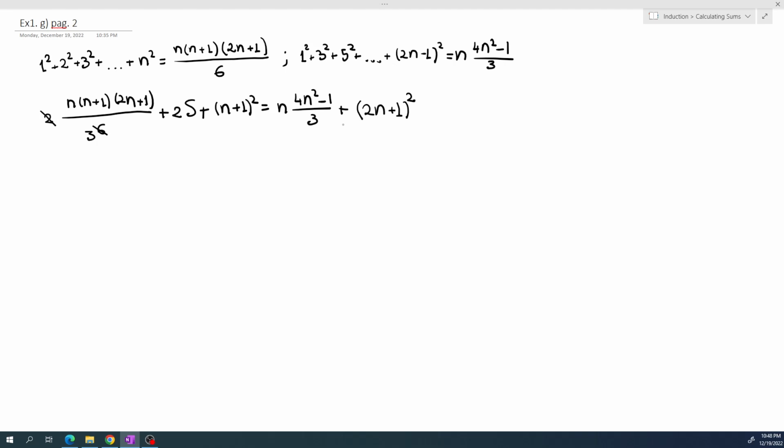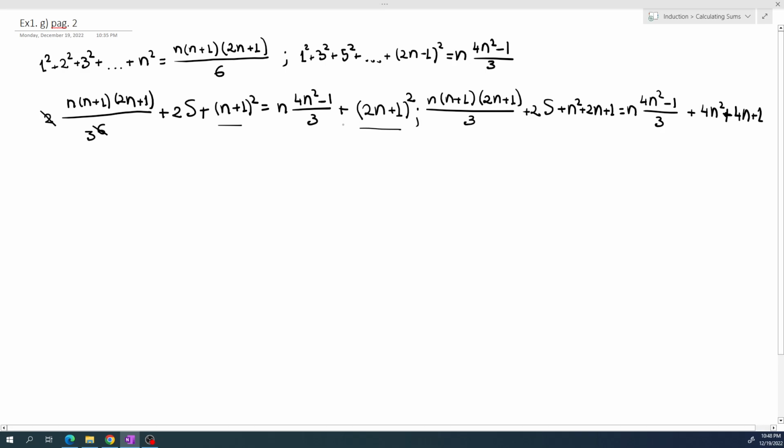First step is to expand these two binomials, and we will obtain something like n multiplied by n plus 1 multiplied by 2n plus 1 divided by 3 plus 2s plus n squared plus 2n plus 1, and this is equal to n times 4n squared minus 1 over 3 plus 4n squared plus 4n plus 1.